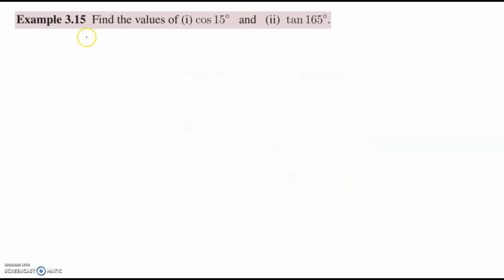Now let's solve the second problem, which is tan 165 degrees. So 165 can be rewritten as tan(120 degrees plus 45 degrees). Now this is in the form tan(alpha plus beta).